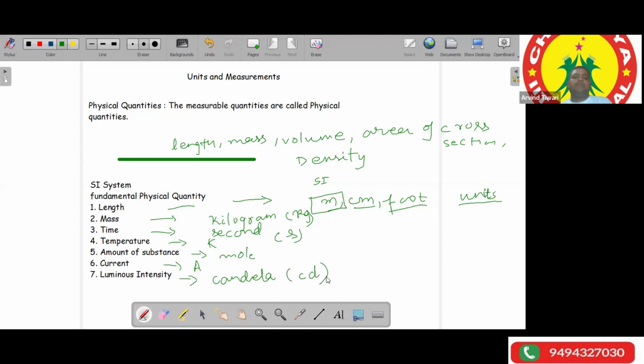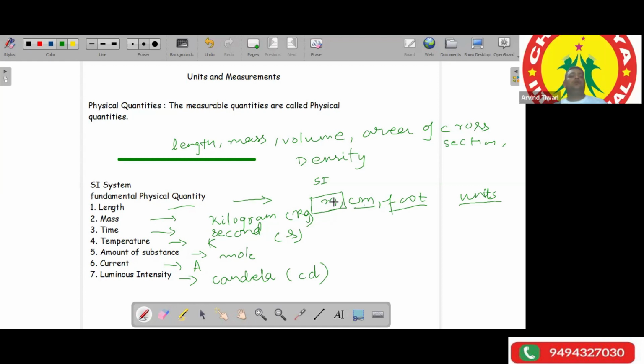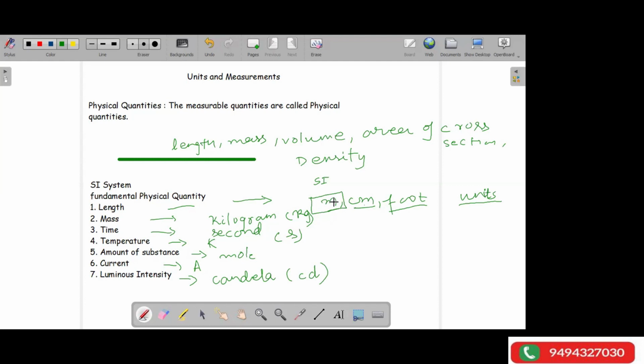Now, to measure length, we use meter as the SI unit. So, of course, we should also define what 1 meter should be. To what distance shall we call 1 meter? 100 centimeters.